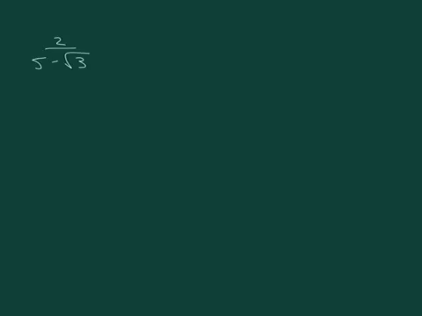Okay, so here we are, example 8, and notice what we have here on the denominator. Two terms separated by a plus or a minus sign, so that means I'm going to multiply the top and bottom by the conjugate. 5 plus the square root of 3, so remember all you do is change the sign. Alright, so then we're going to distribute, because 2 is times each one of those. So 10 plus 2 square root of 3.